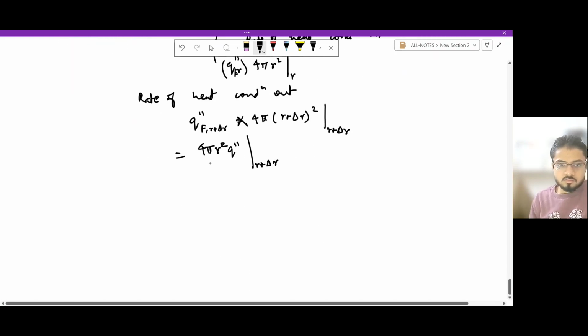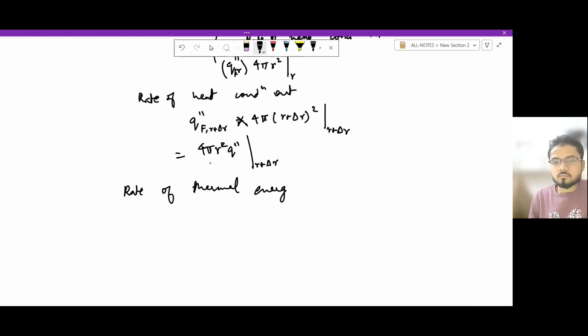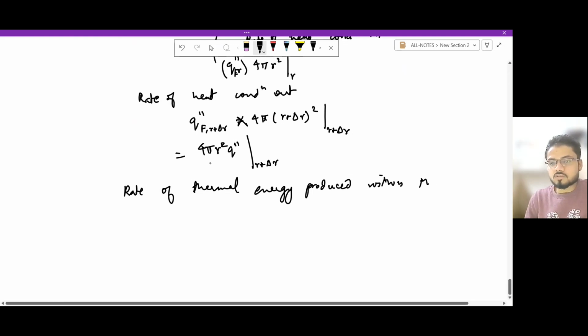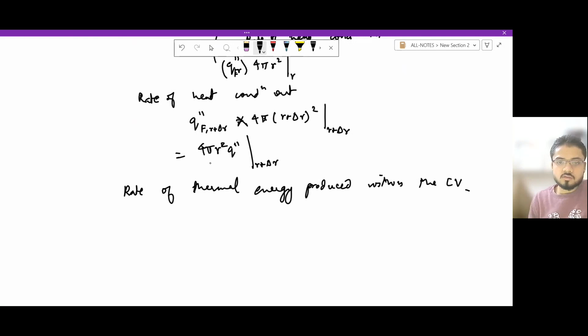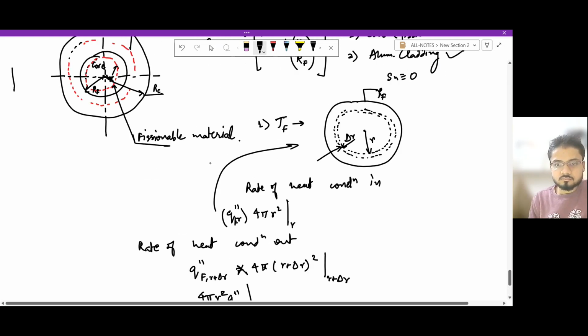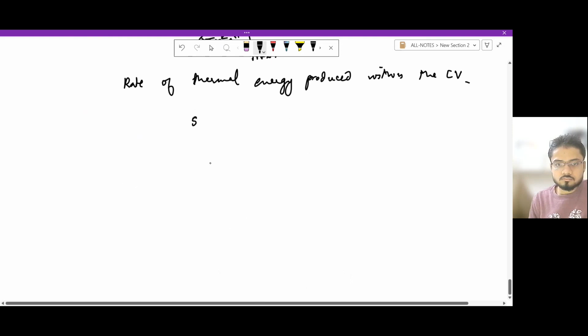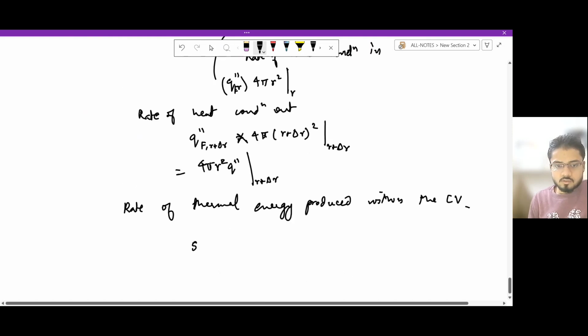And the third term would be the rate of thermal energy produced within the CV. Let's call this S n at something like r.